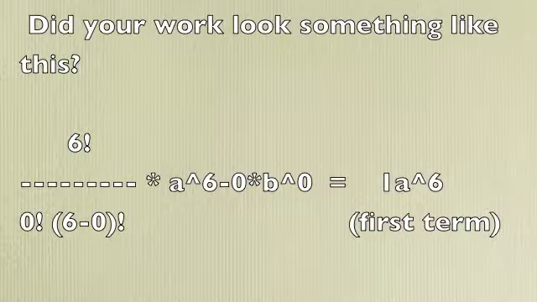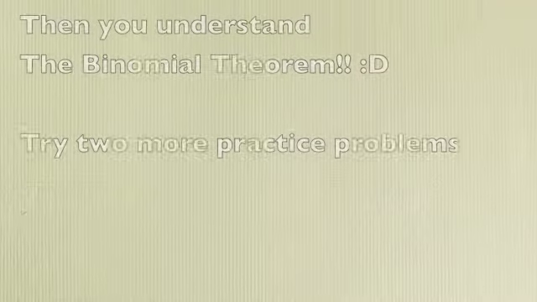You just simply substituted k and n, and you substituted the terms. Then that would be times a to the 6th minus 0 and b to the 0. Hopefully your answer should be 1a to the 6th. That would be finding the first term. If you were finding the next term, you would put 1, 2, 3, etc. instead of 0.